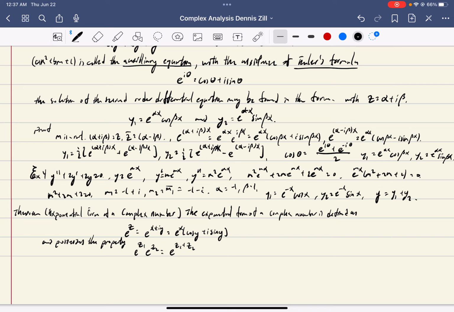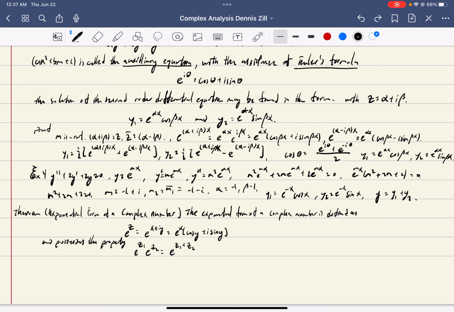Exponential form of a complex number. The exponential form of a complex number is defined as e to the z power, which is e to the x plus i y power. Then we can always separate the power, really, right?